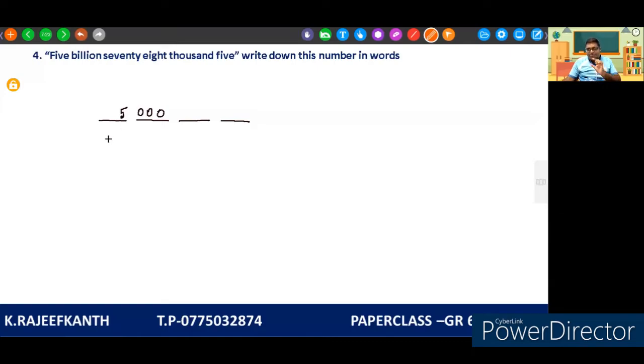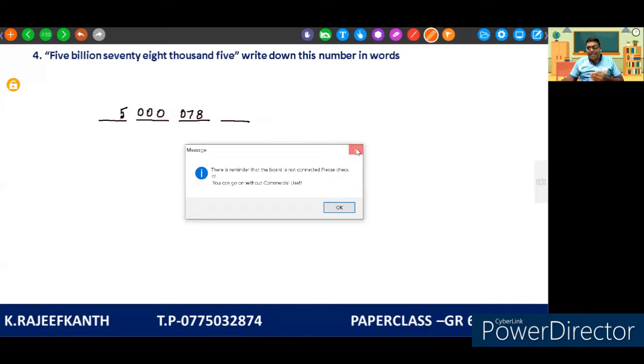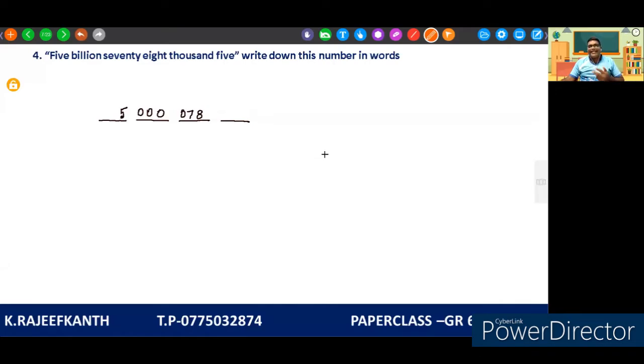78,000. In the 1000 period, we have to write 3 digits, right? So 78 is a 2-digit number. So we have to write 078. Don't write 78. So we have to write in each period or each zone 3 digits. So we have to put the 0 also.